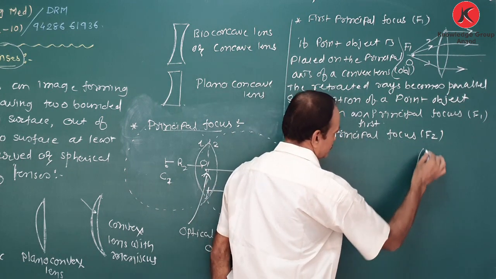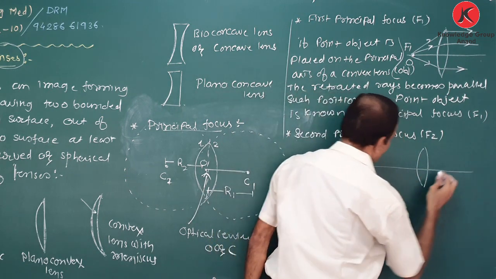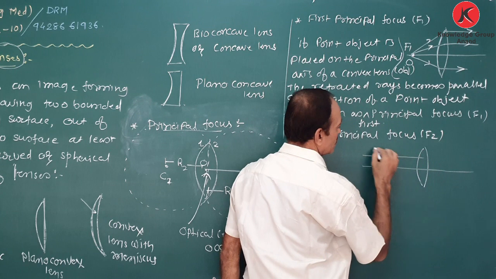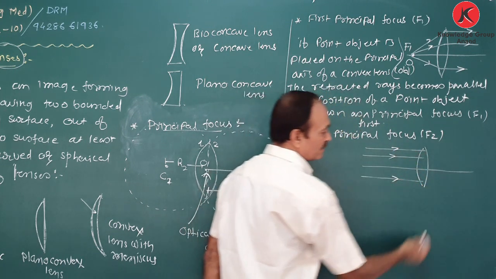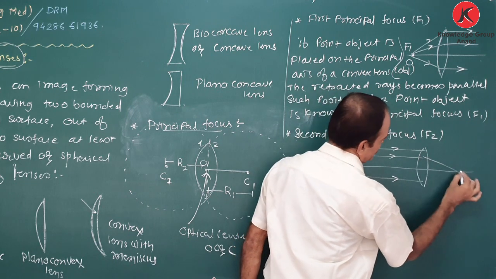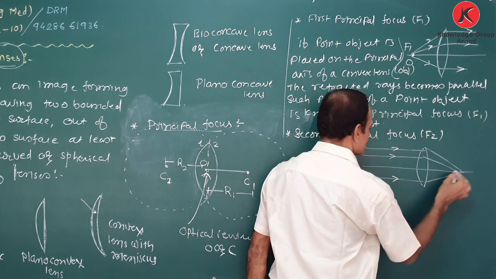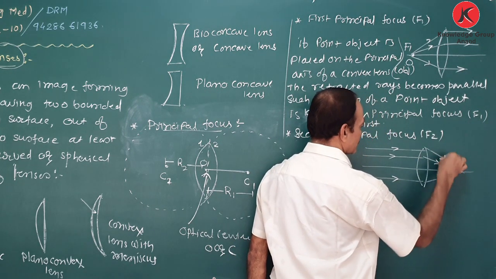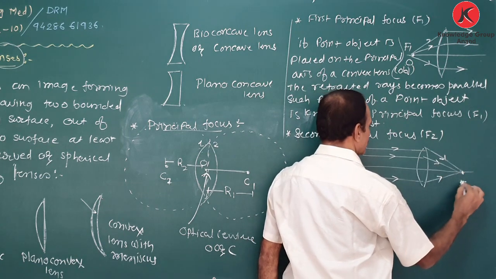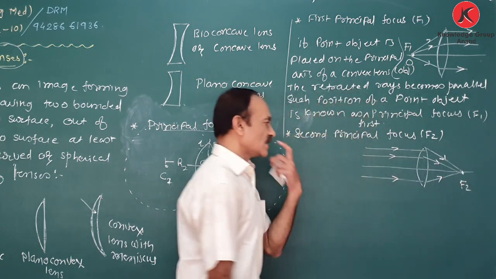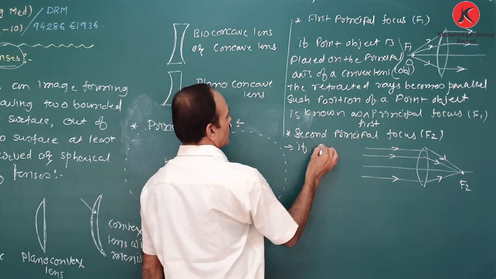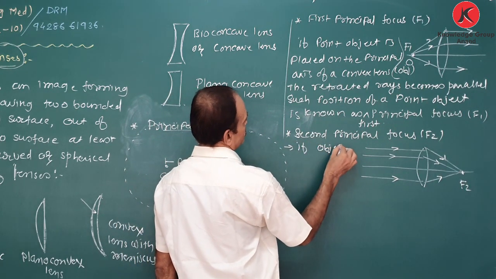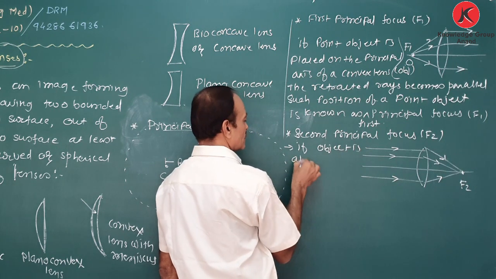In this way, the rays coming from the far object, where the object is placed at infinity, after the refraction all meet at a point that is known as the second principal focus. For that purpose, the object is at infinity.